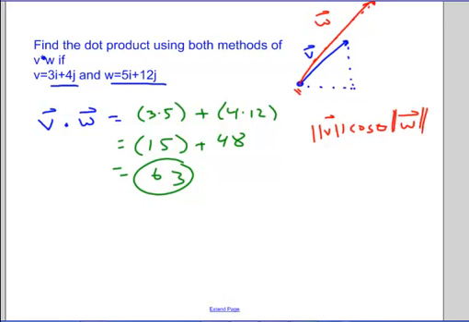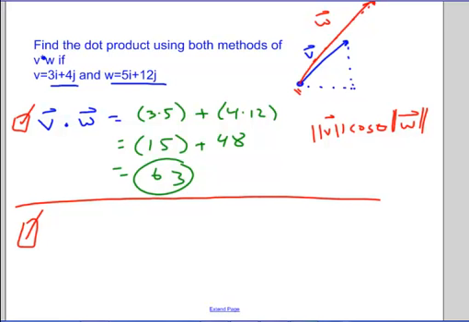The first method here, clearly the easier one, is the algebraic. The reason it's easier than the geometric is that for the geometric, we're going to need to get this angle theta. If we call this angle here theta 2 and this angle theta 1, then the theta that we're looking for is theta 2 minus theta 1.